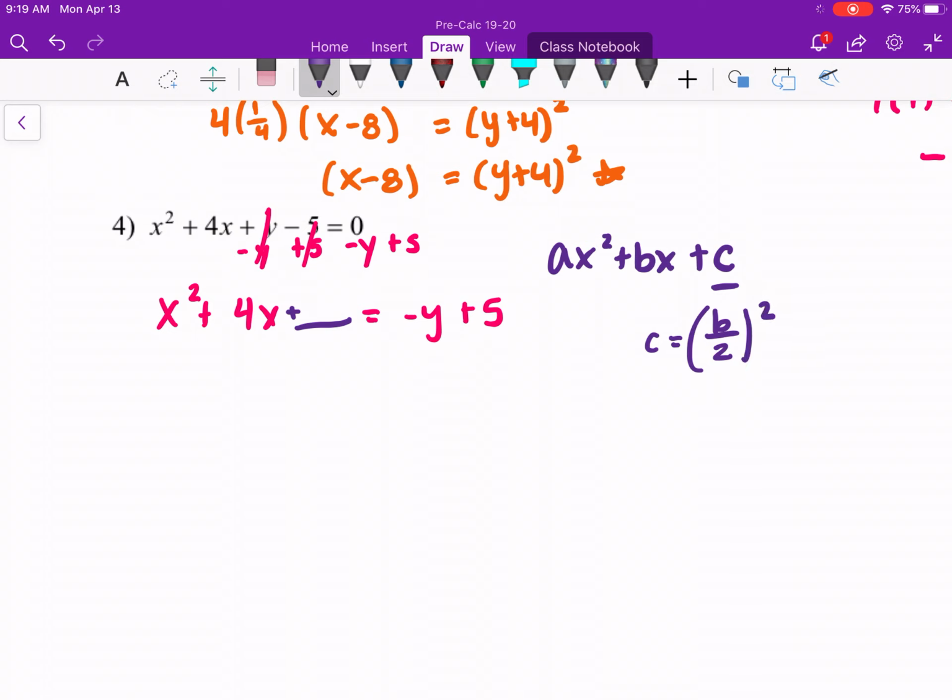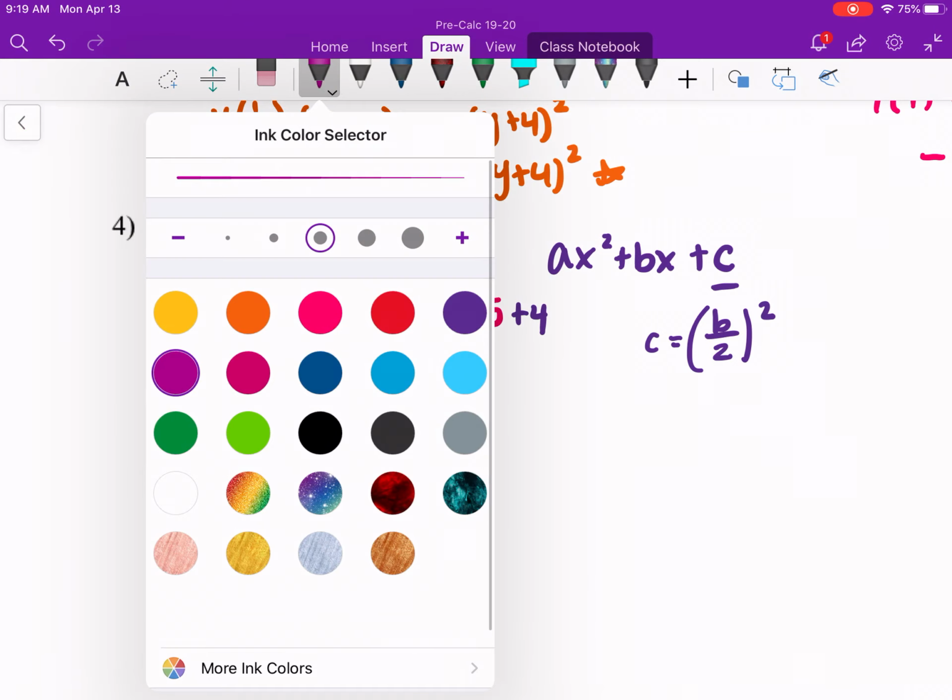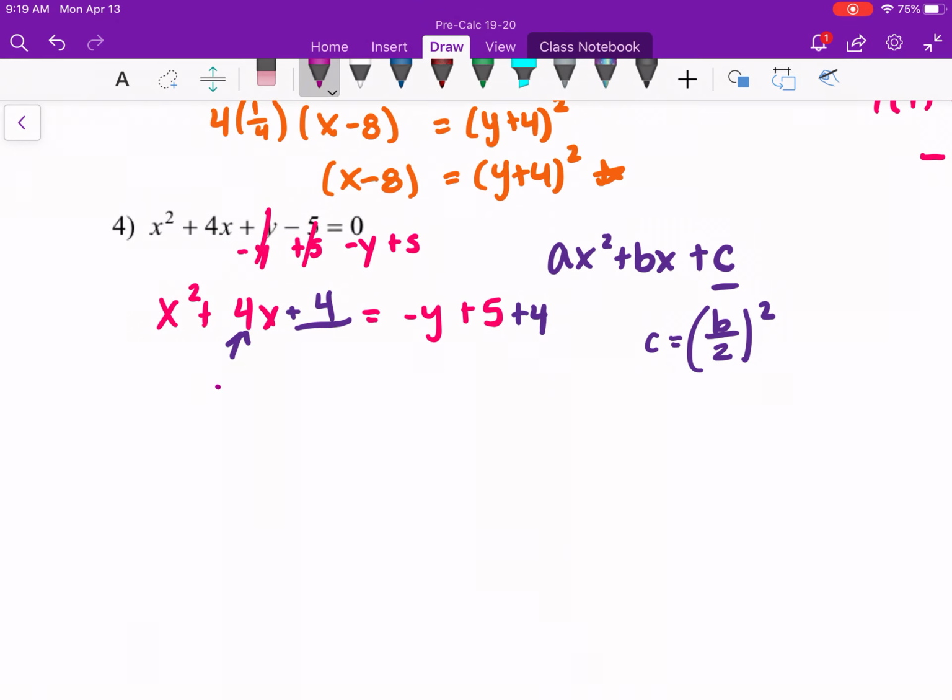In this situation, my b is 4, half of 4 is 2, 2 squared is 4 again, and whatever I put on the left side, I have to put on the right side as well. So as I clean this up, I've got x squared plus 4x plus 4 equals negative y plus 9.